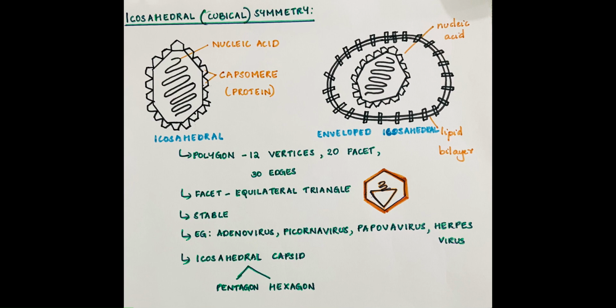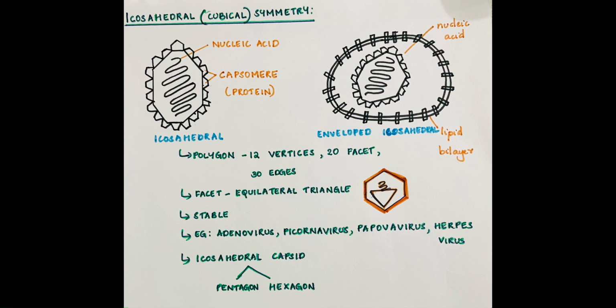Icosahedral or cubical symmetry: an icosahedron is a polygon with 12 vertices, that is corners, 20 facets or sides, and 30 edges. Each facet is an equilateral triangle.